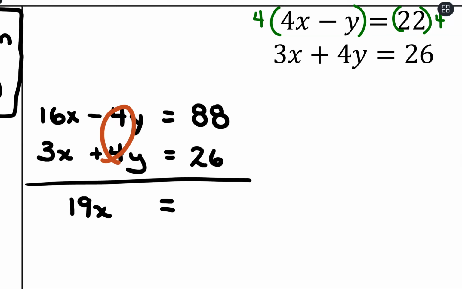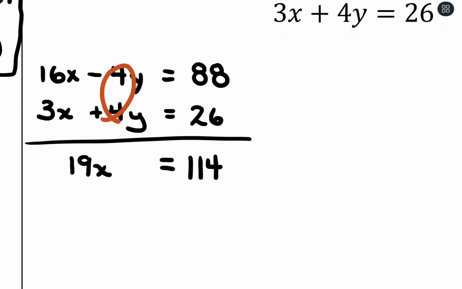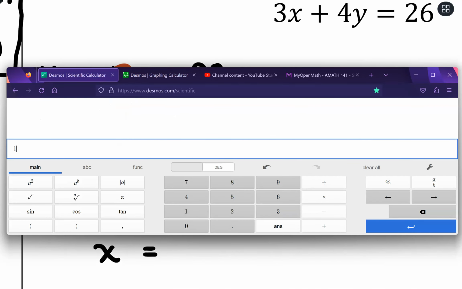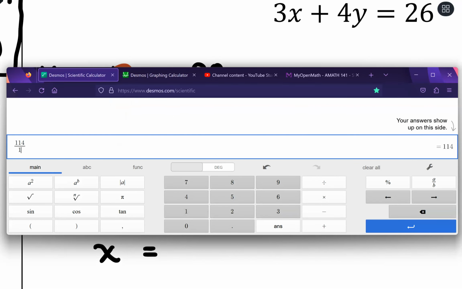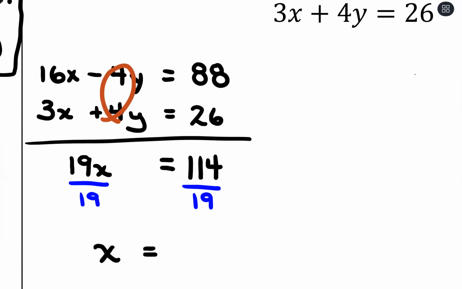And then 88 plus 26 is going to be 114. And we will divide both sides by 19 to solve for x, which is going to be, let's see, 114 divided by 19, 6.